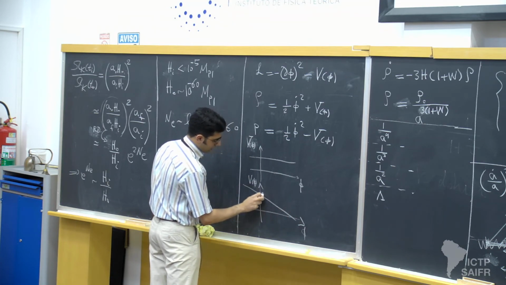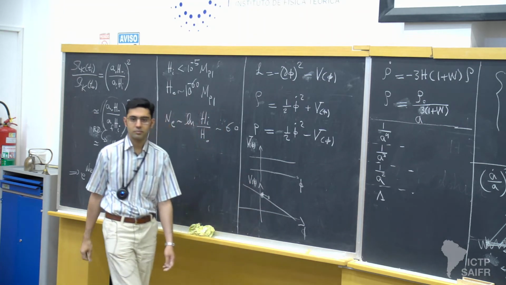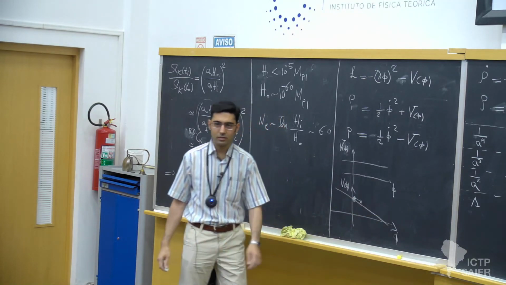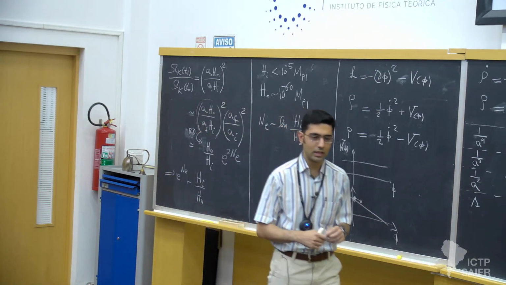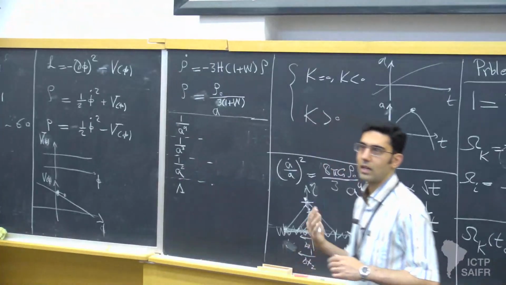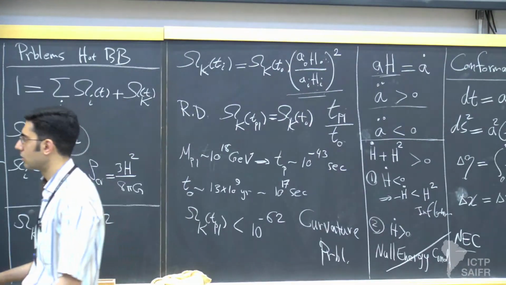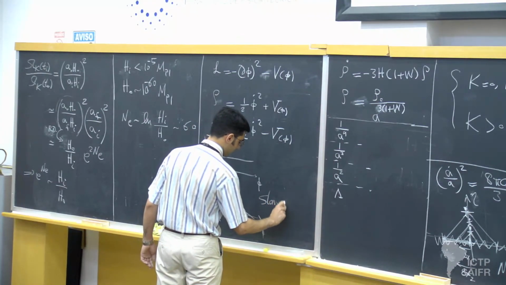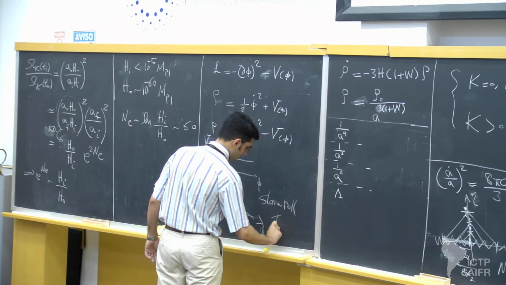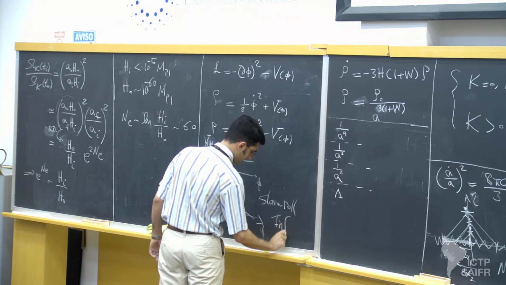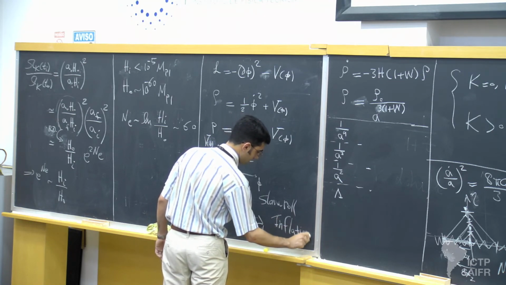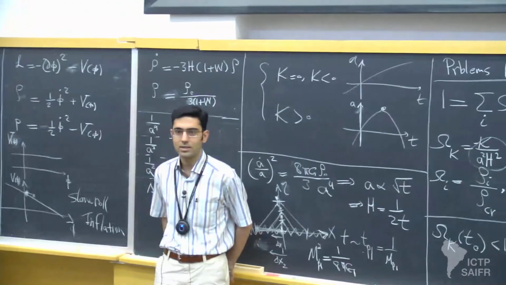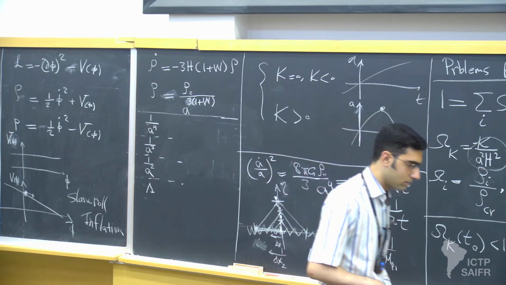And then the inflaton rolls down. And eventually, when the potential is low enough, we will enter a new phase. We have reheating and enter the new phase. So this is called slow roll inflation, whose dynamics we are going to discuss in the afternoon.